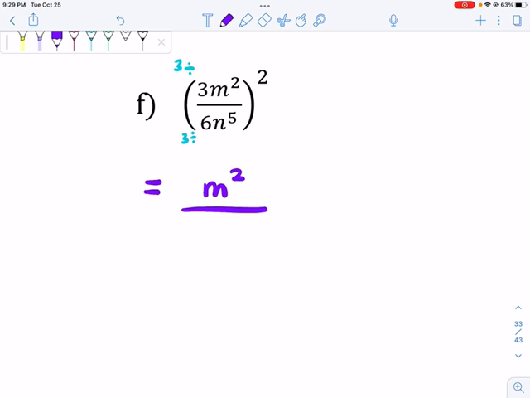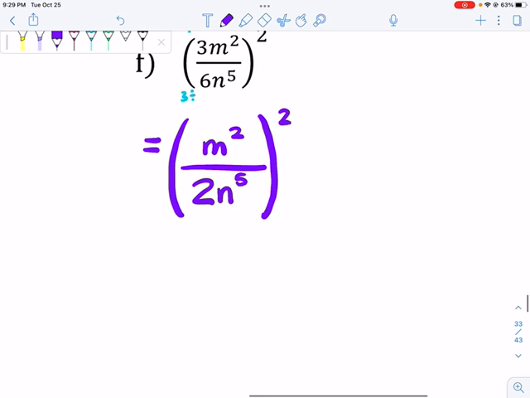And in my denominator, 6 divided by 3 gives me 2, leaving me with 2n to the power of 5. Now, because I didn't actually distribute that power of 2 quite yet, I do need to make sure that my reduced bracket remains in brackets once it's been reduced. And now I'm ready to go ahead and distribute that exponent.